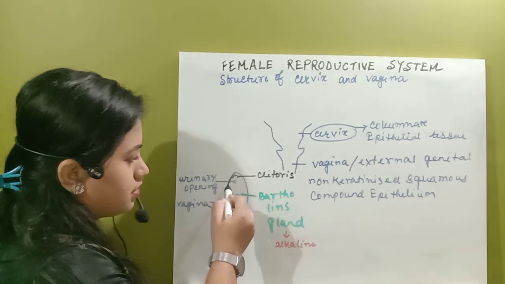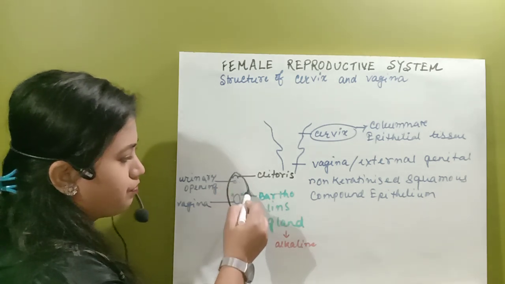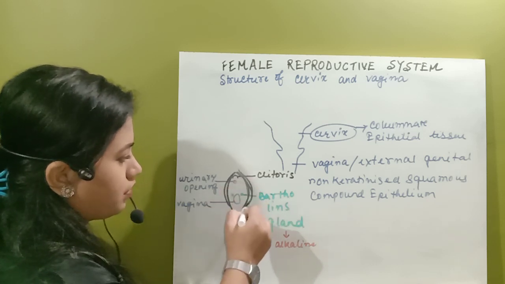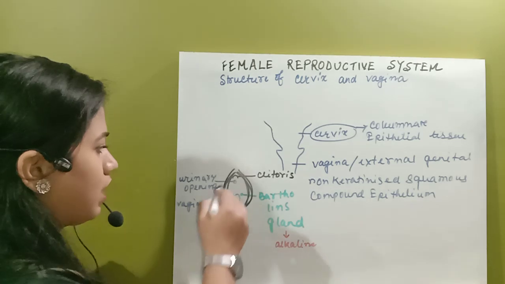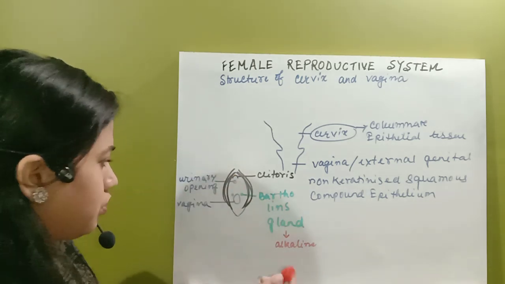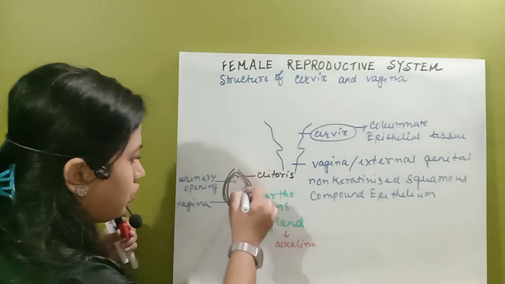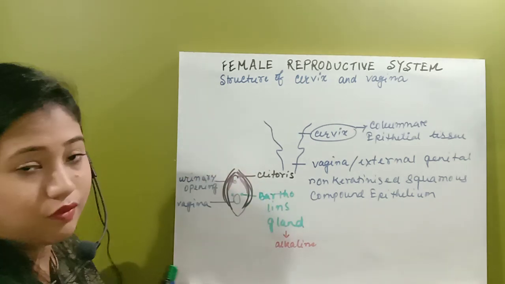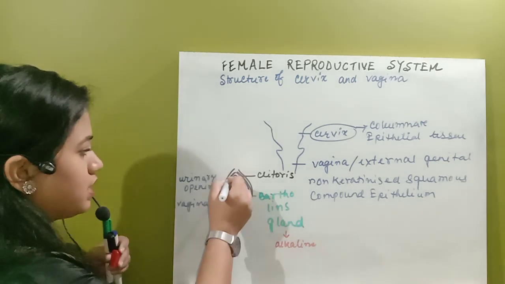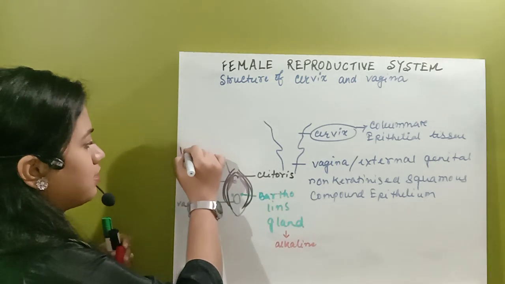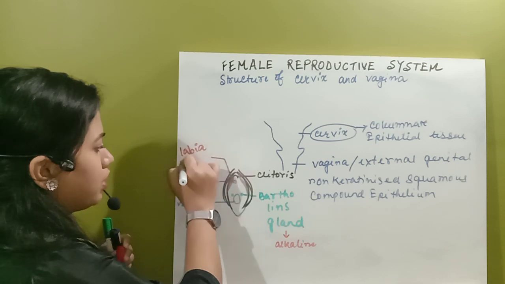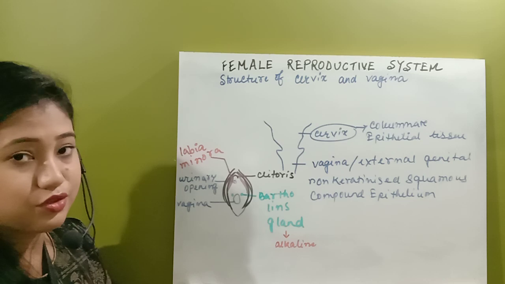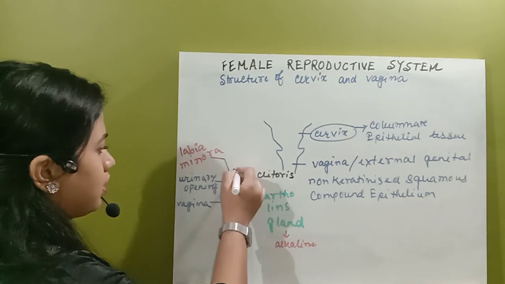Here, to protect this vagina, we have two foldings, the inner folding and the outer folding. Here is the inner folding, and the outer one is the outer folding. The inner folding is known as the labia minora, and the outer folding is known as the labia majora.